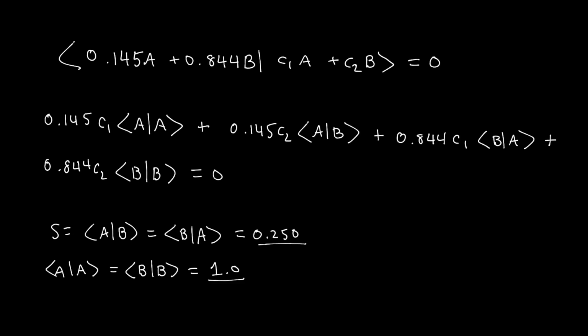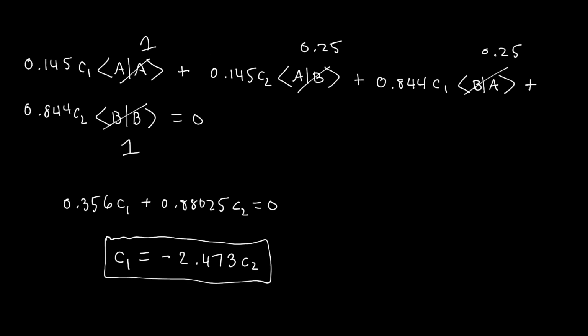We plug phi m and phi m prime into that equation, and we end up getting 0.145 C1 <a|a> plus 0.145 C2 <a|b> plus 0.844 C1 <b|a> plus 0.844 C2 <b|b>. Now the overlap S, as given in the problem, is just <a|b> or <b|a>, which is 0.250. And since a and b are both normalized atomic orbitals, the overlap of each with itself is just 1.